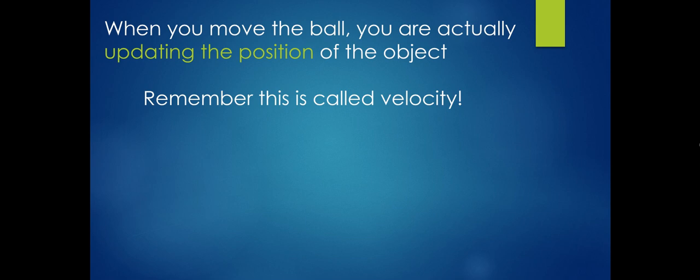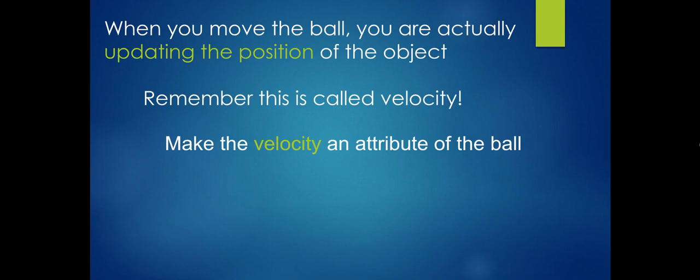So what we're going to do is move the ball by updating the position of the object. And remember, this is called velocity. As we're changing our position, we are moving with some velocity. And we can make the velocity an attribute of the ball.